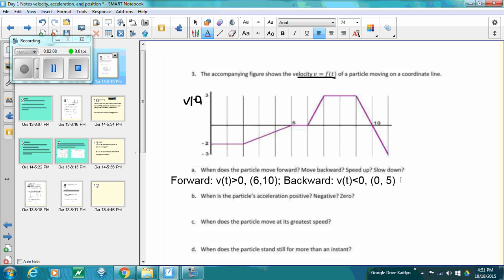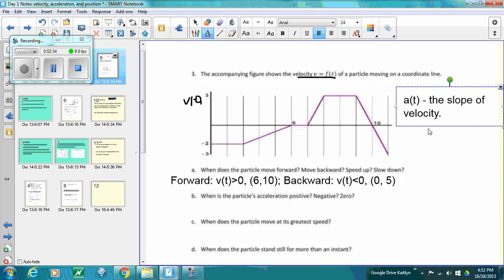The next question says, when does the particle speed up and slow down? If you remember from our notes last class, a particle speeds up when both velocity and acceleration have the same sign. So the key thing is to find the sign of acceleration. Acceleration is the slope of velocity, so we have to figure out the sign of the slope.